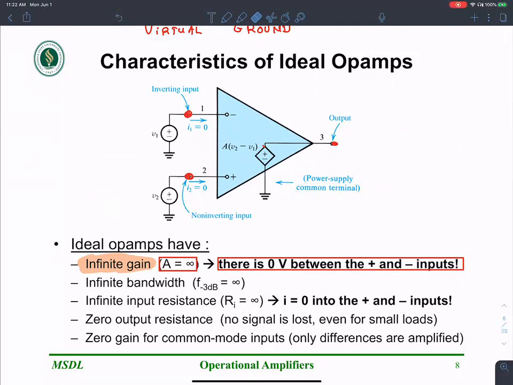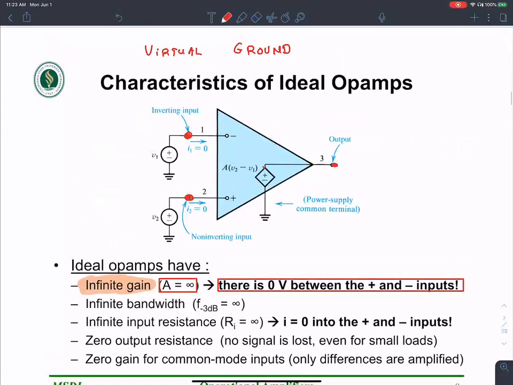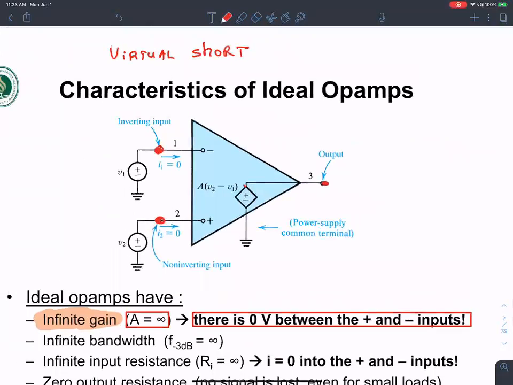amplified. Now let's look at the idea of infinite gain, or virtual ground. I'm not going to talk about virtual ground yet. I'll talk about virtual short. The idea of virtual short is conceptual.